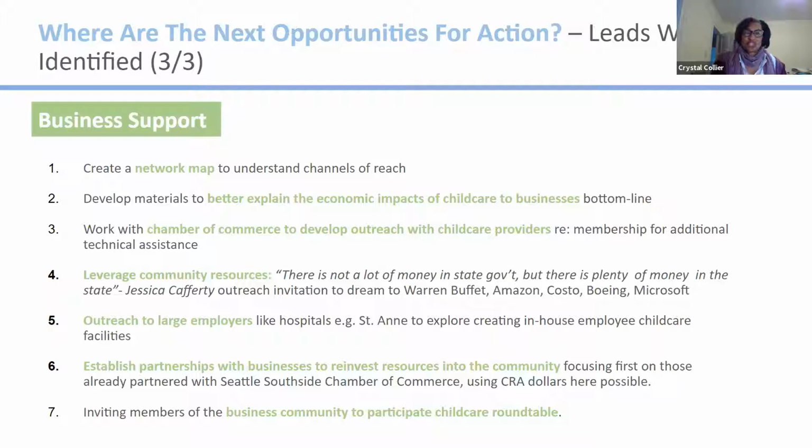This is to work with the Chamber of Commerce, as I previously mentioned, to think about what type of technical assistance can be provided to local childcare providers. The majority of childcare providers in Burien are in-house. They're not large center-based providers, but smaller in-house providers in particular communities.